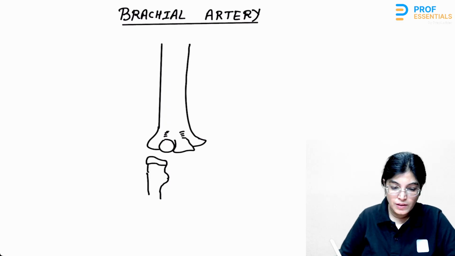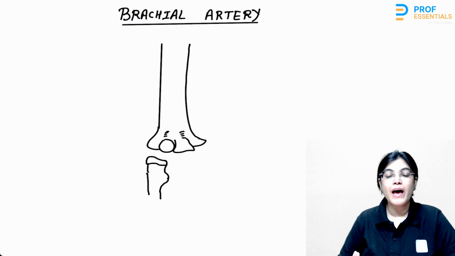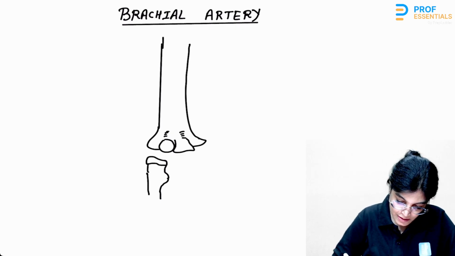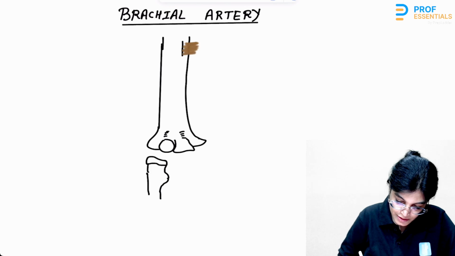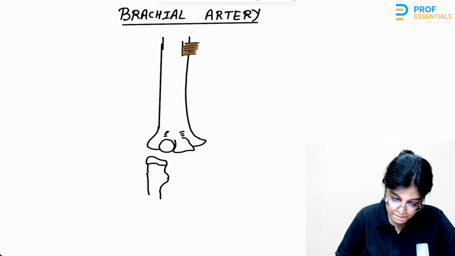Now here we know that teres major muscle is attached to the lateral lip of bicipital groove. So you just imagine, this is the teres major muscle. I will use brown color for showing the attachment of teres major muscle. Got it? This is the teres major muscle.